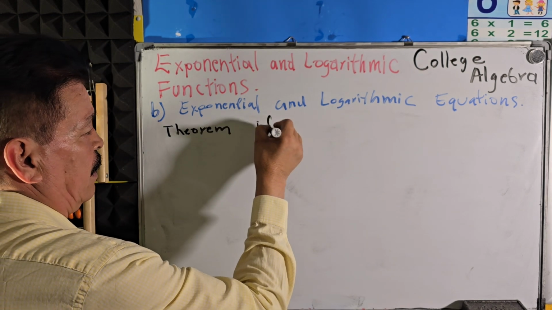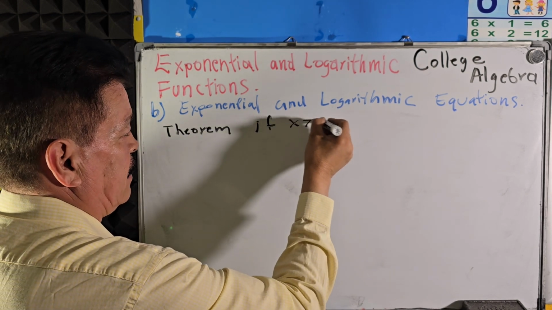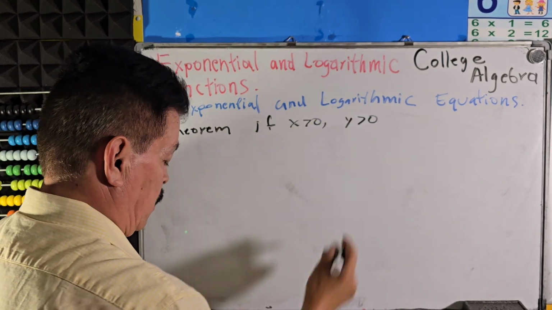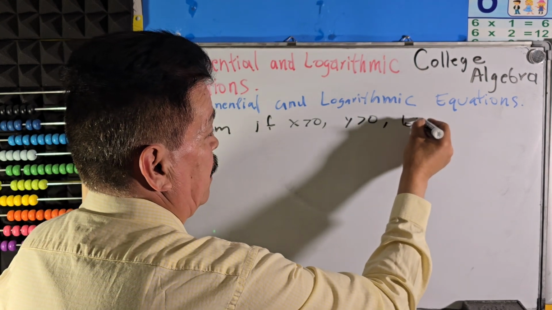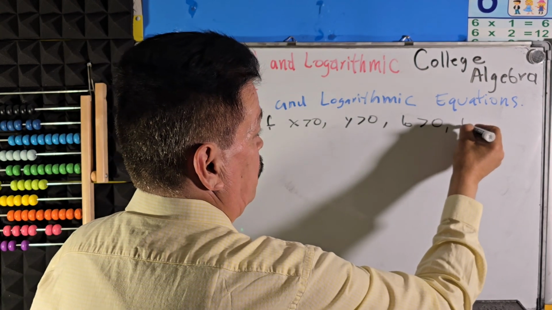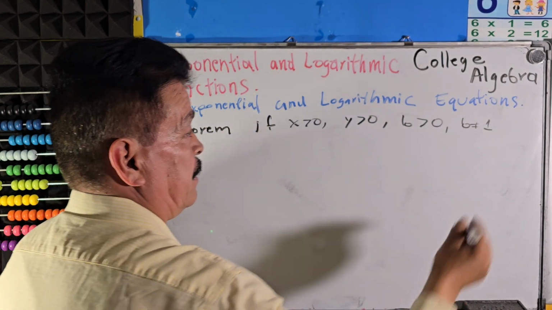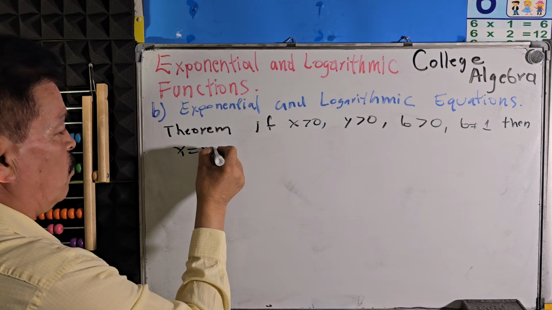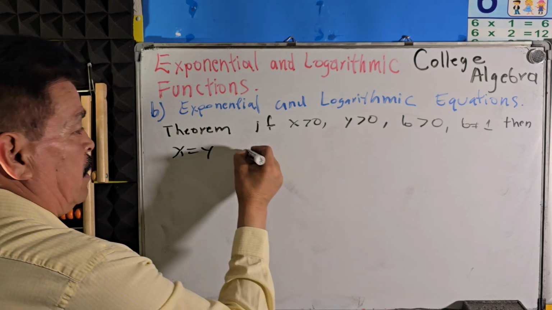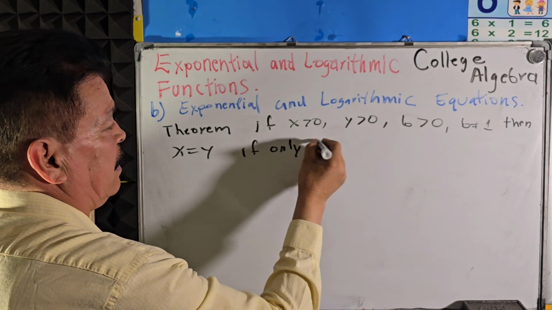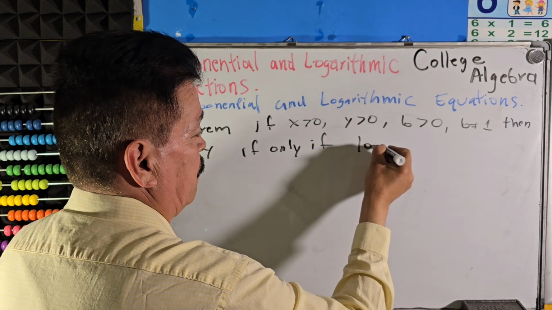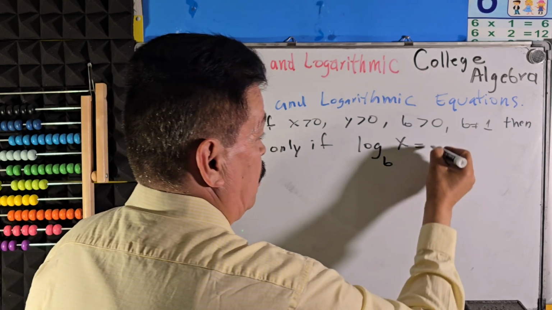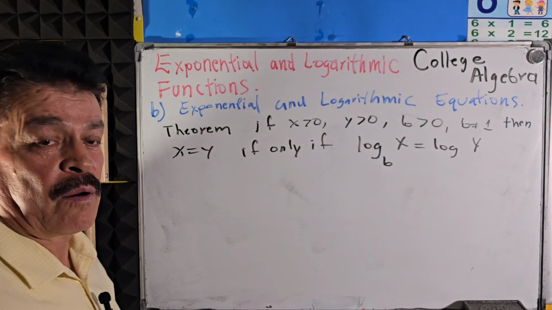If, for instance, we have x greater than 0, and y greater than 0, and b greater than 0, and also b different from 1, then x equals y if and only if you have the formula here, log of x with the base b equals log of y with the base b.